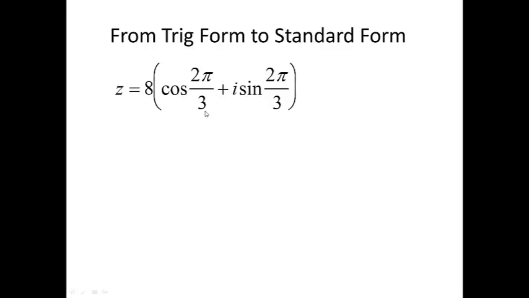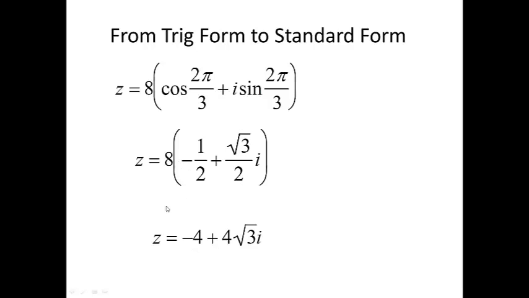Let's try another one. Looking this up on the unit circle, cosine of 2 pi over 3 is negative 1/2, and the sine of 2 pi over 3 is rad 3 over 2. So distribute the 8, and I get negative 4 plus 4 rad 3i. Don't forget about that i here with the sine.